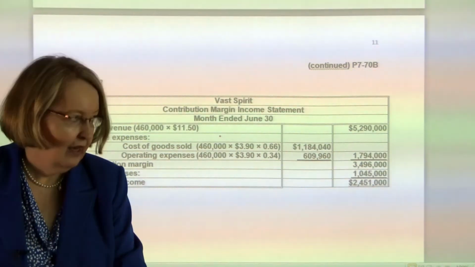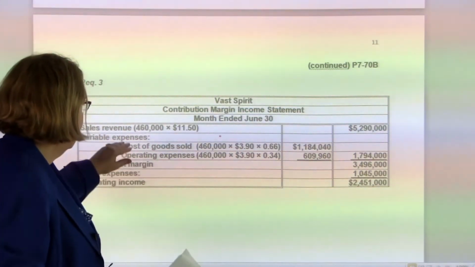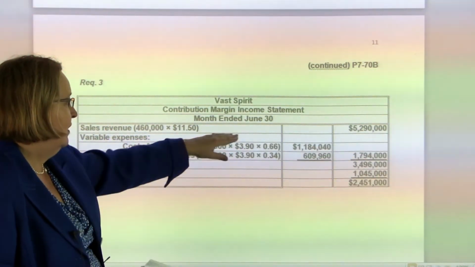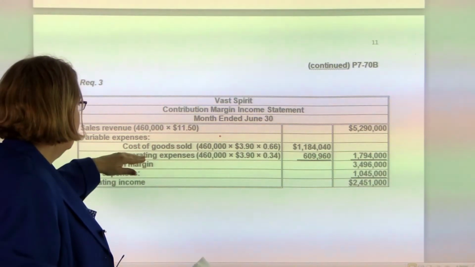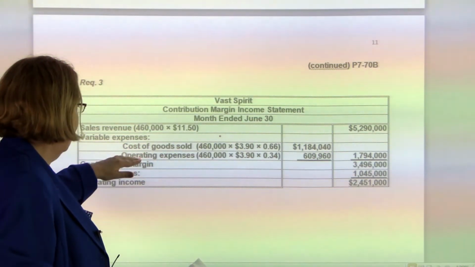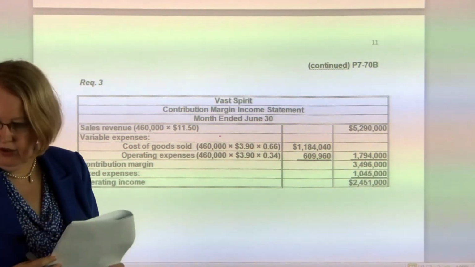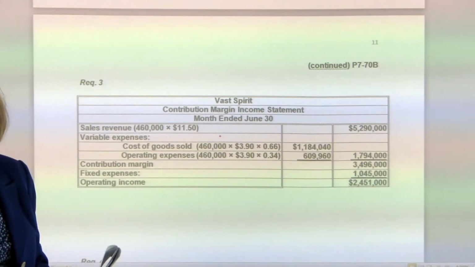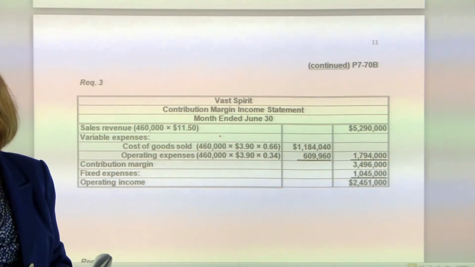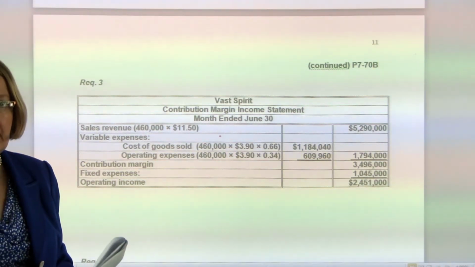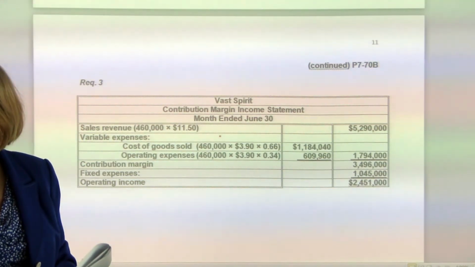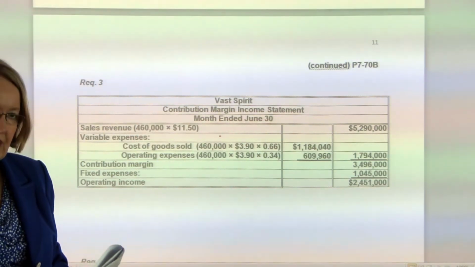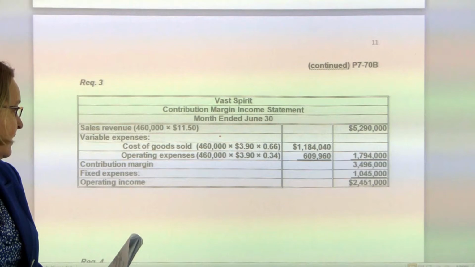So you're just taking your 460,000 times your selling price of $11.50, which is $5,290,000. Then for cost of goods sold, you're given some more information in the first paragraph of the problem: of your total variable expenses, 66% is cost of goods sold, and the remaining 34% relates to operating expenses.